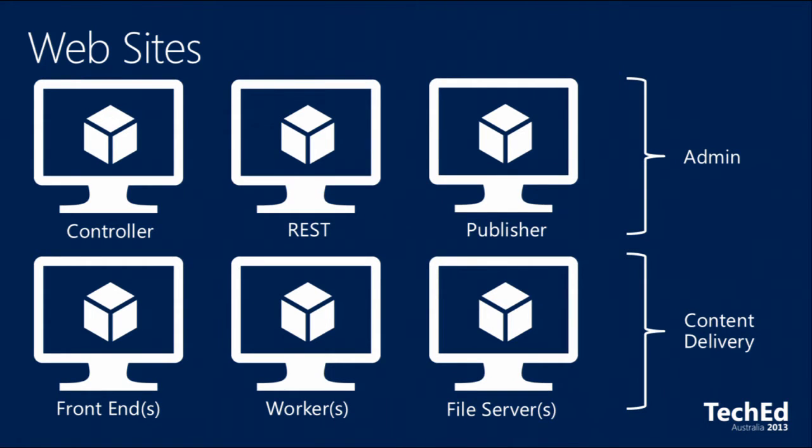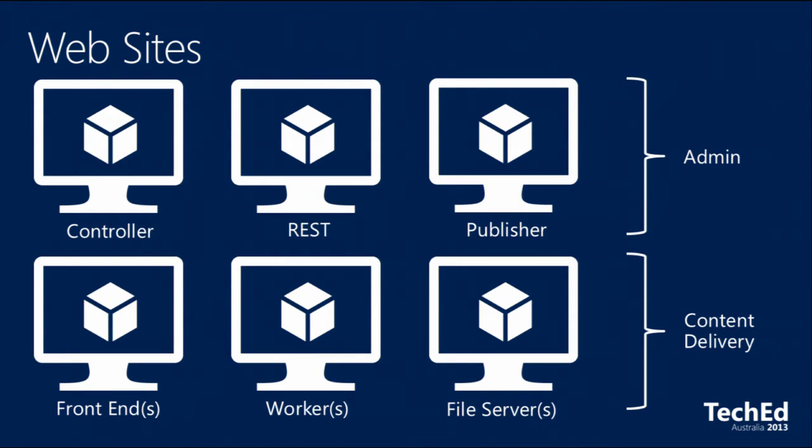All incoming website requests come into the front ends, they cache the data, and they fire the requests off to the appropriate worker. In the back end, you can have shared workers and reserved workers. With shared workers, you've got multiple IIS websites running on the same workers, while reserved workers are basically dedicated to a particular instance. All the content itself is stored on a file server in the back end, and the workers access the content off the file server. And that's kind of the content delivery bit of it.